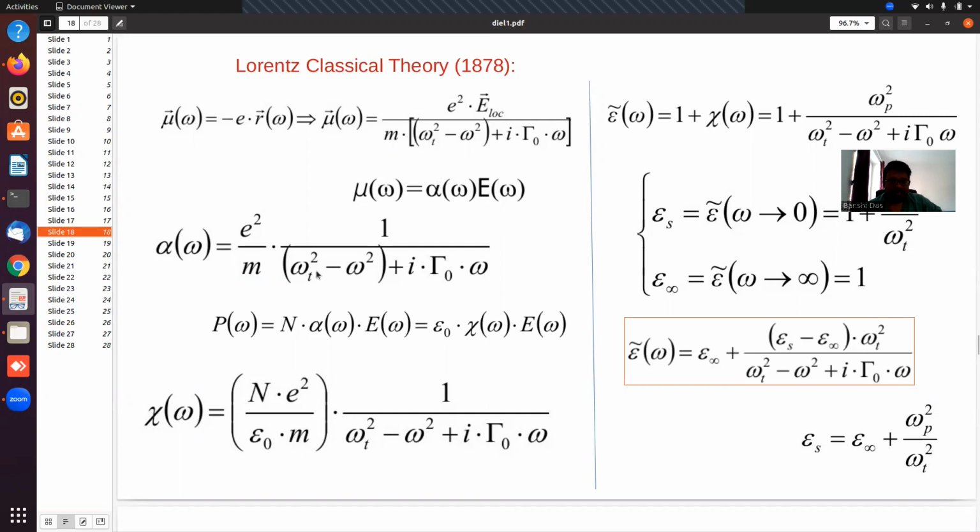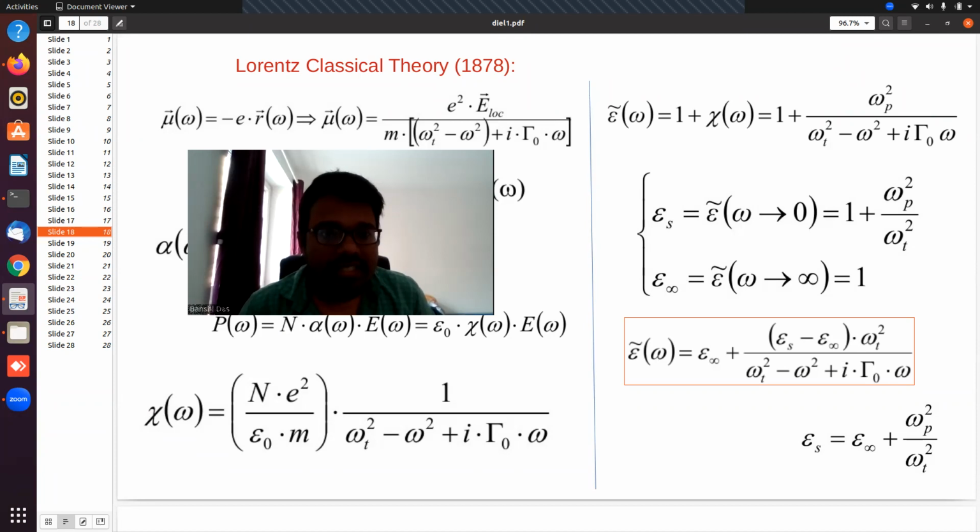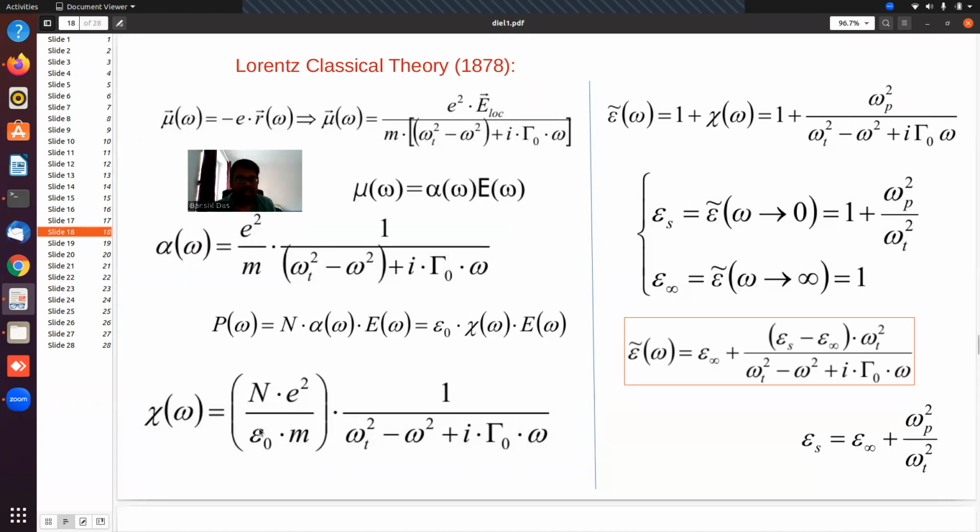We can get polarizability here. Once we have mu, we can derive all those properties from this equation: polarizability, susceptibility, and if we write down this susceptibility, it is N e squared by epsilon naught m.